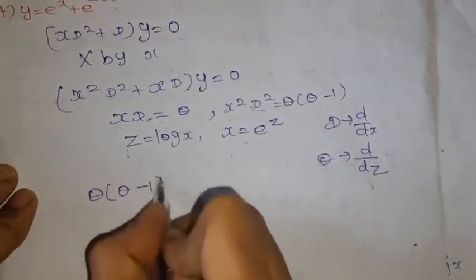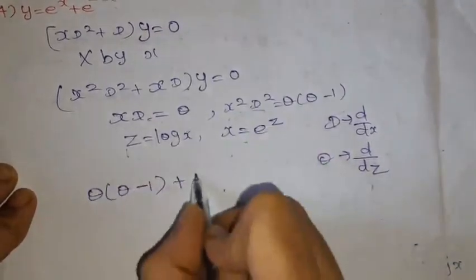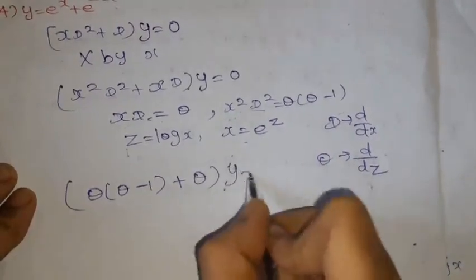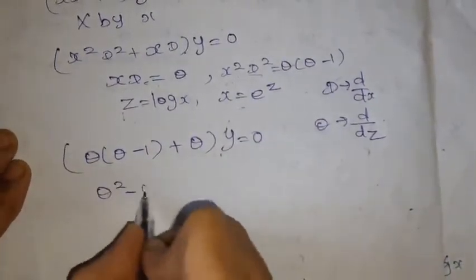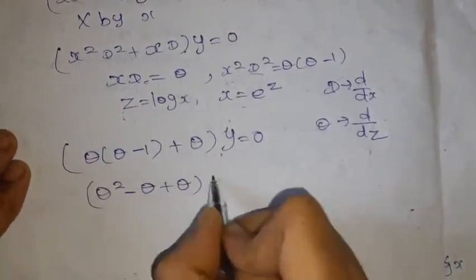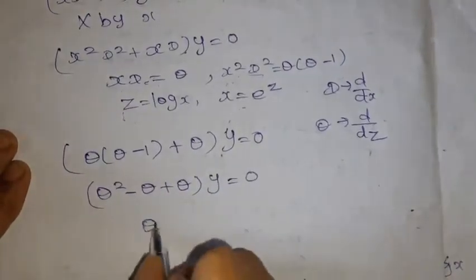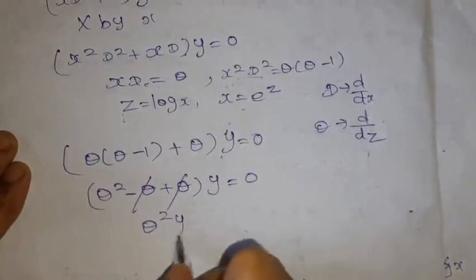Theta into theta minus 1 plus theta into y equal to 0. So theta squared minus theta plus theta, minus theta plus theta get cancelled. So theta squared y equal to 0.